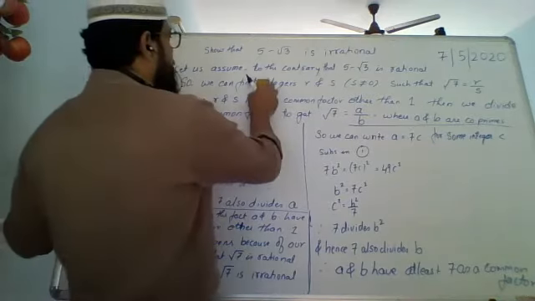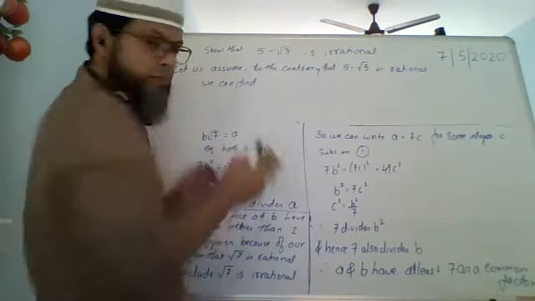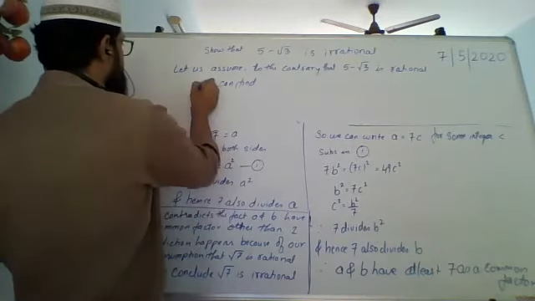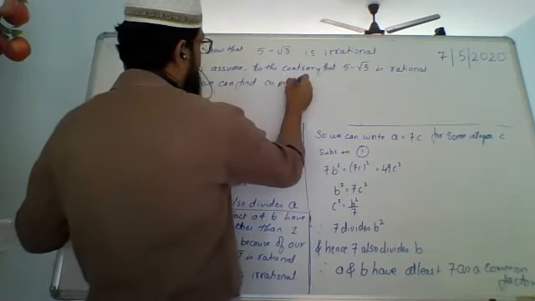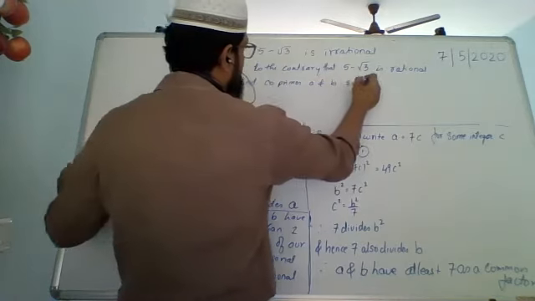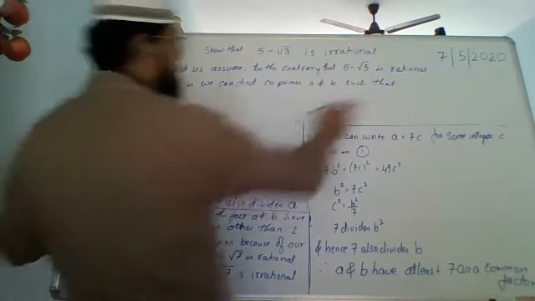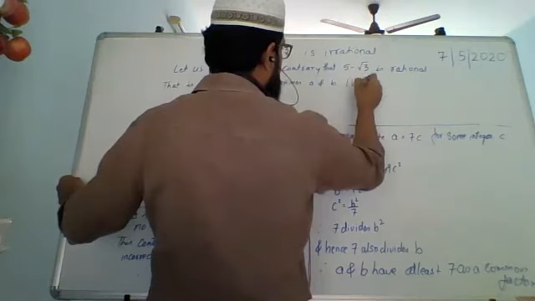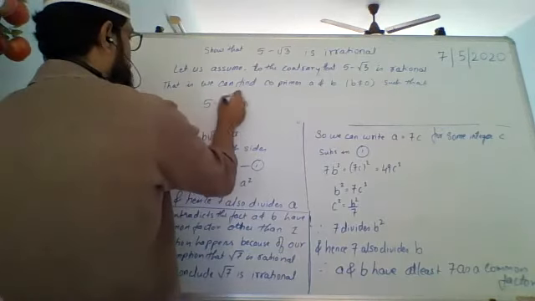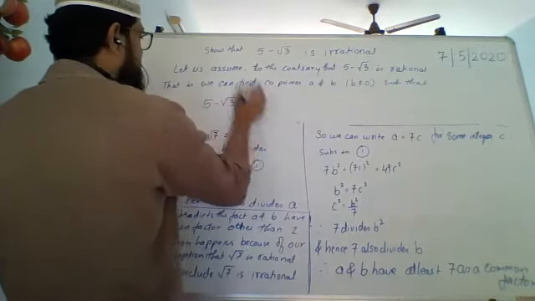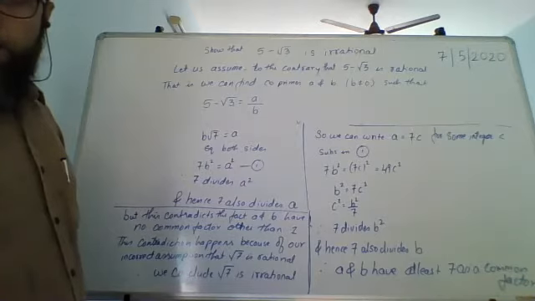We can find co-primes A and B, where B is not equal to 0 because a denominator can never be 0, such that 5 minus root 3 equals A upon B.